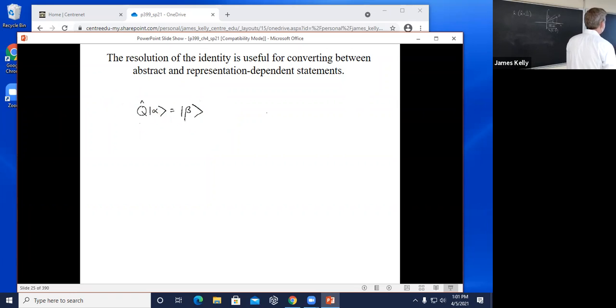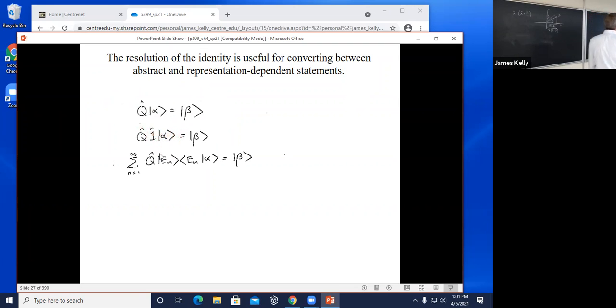We can get out of that how to compute the matrix elements of Q in a particular representation. All I'm going to do is sandwich the identity operator between Q and alpha. That's just saying 1 times alpha gives alpha back again, so that hasn't done anything. But now I'm going to write that 1 as a particular version of the resolution of the identity. Here I've summed over definite energy eigenvectors.